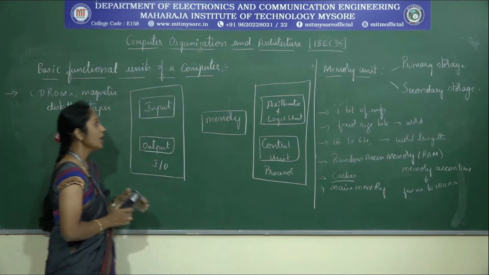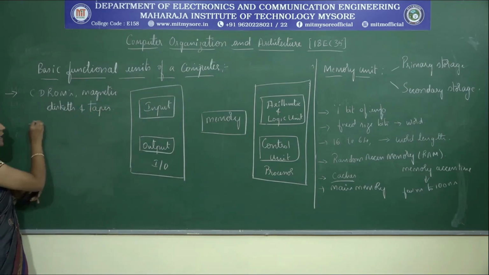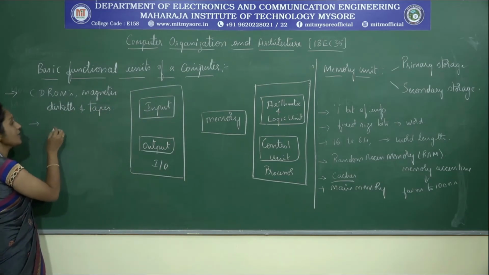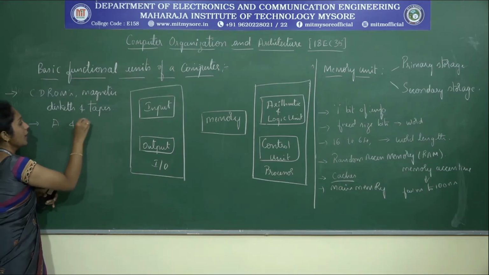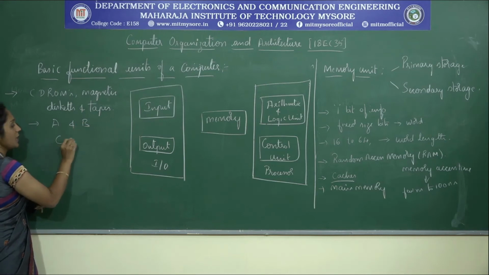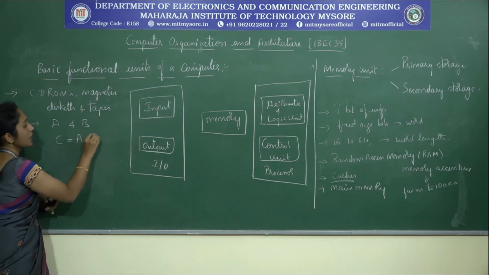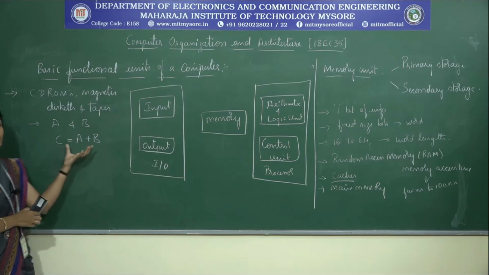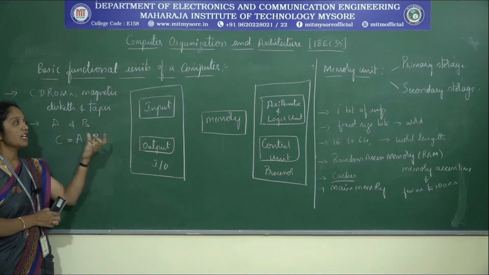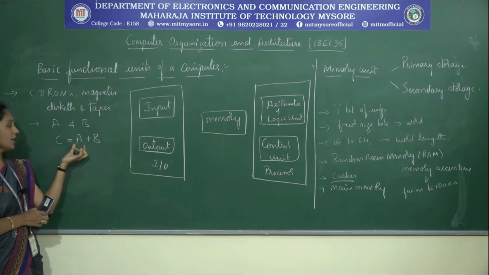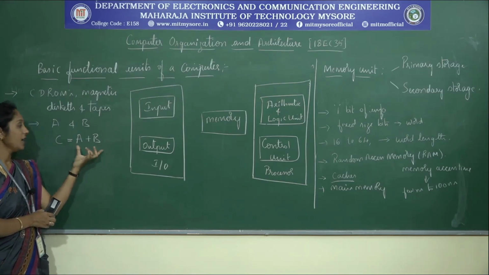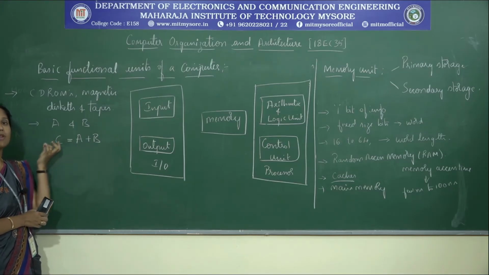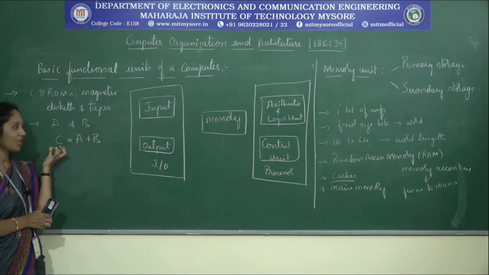Say, for example, an addition of two operands, A and B, and let me consider the statement C is equal to A plus B. If this is the instruction given to the computer, the arithmetic logic unit reads operand A from the memory, then operand B from the memory, and these two are added and the result is updated in the C register, maybe a register or some memory location.